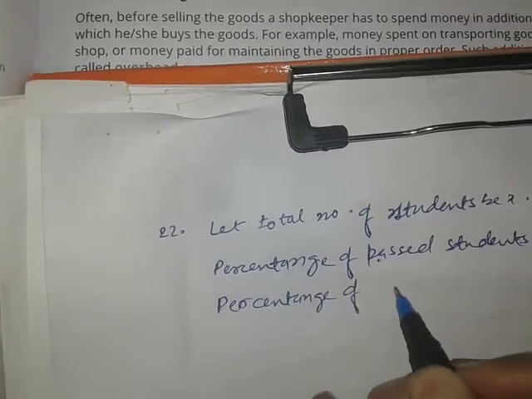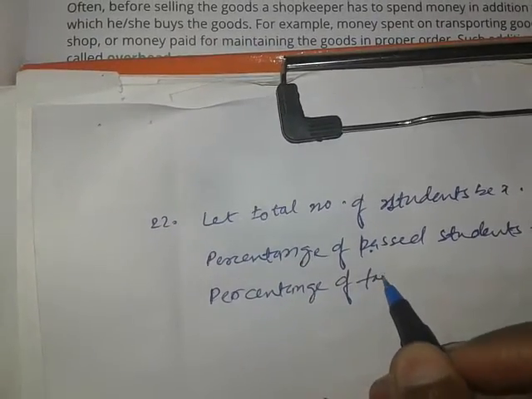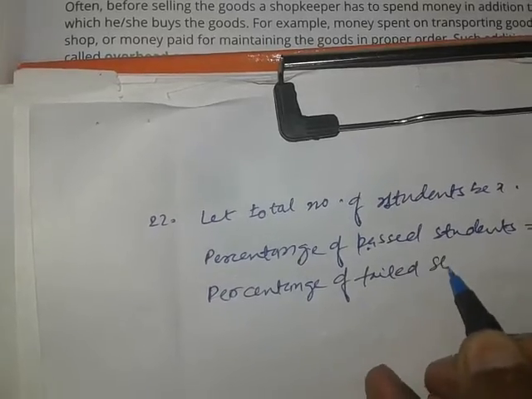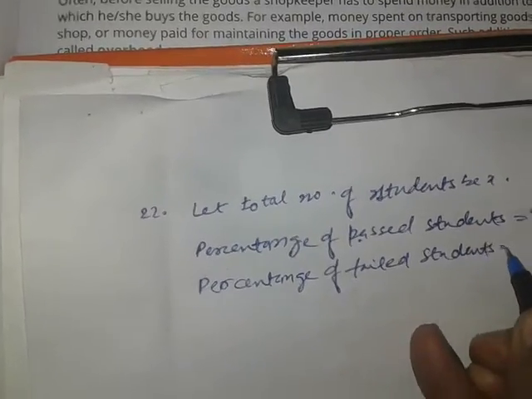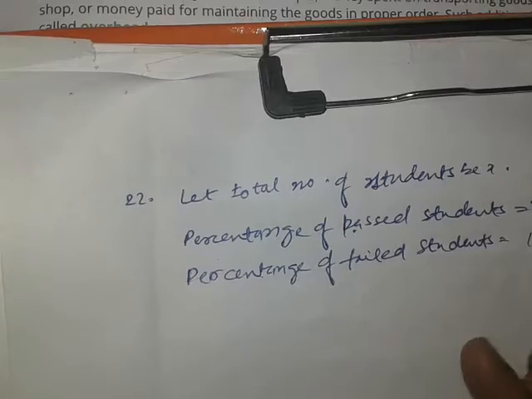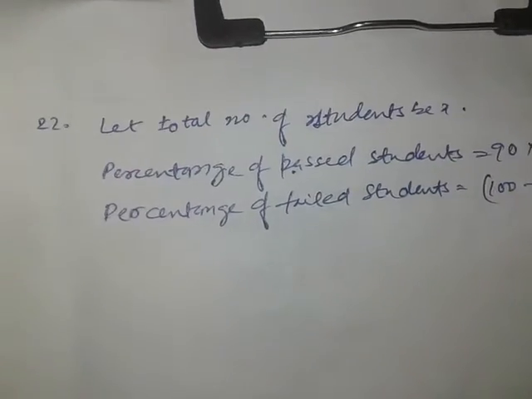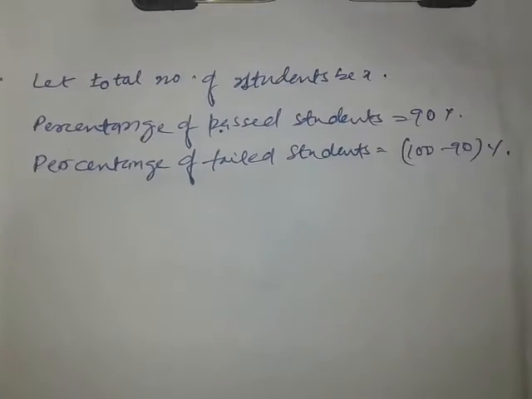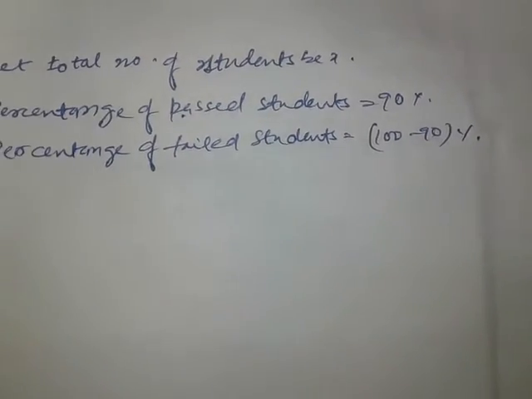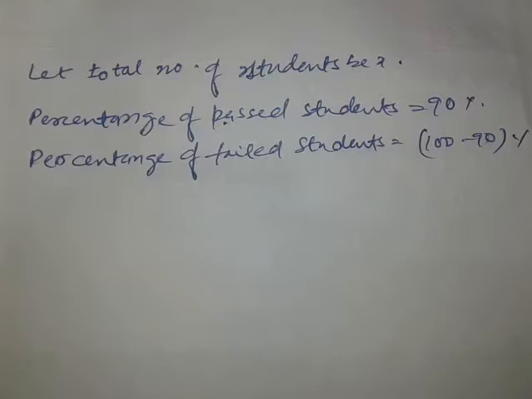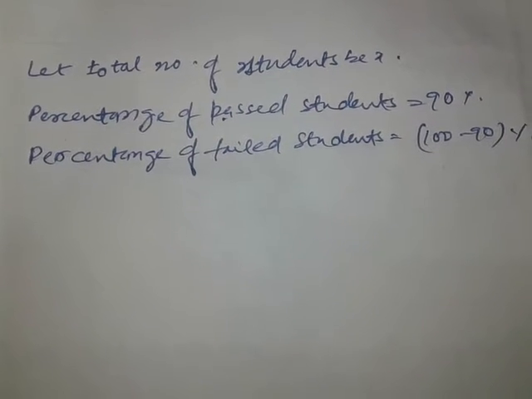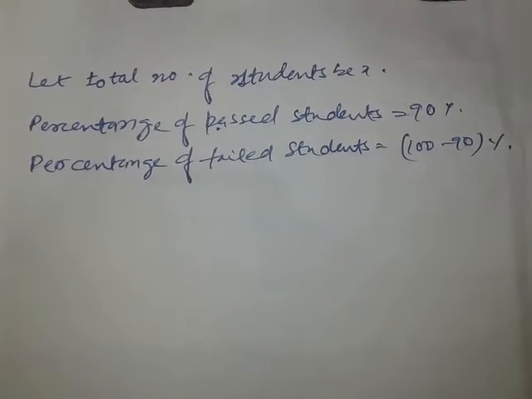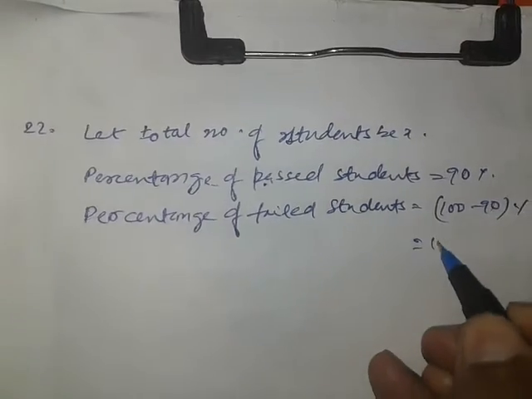The percentage of failed students is 100 minus 90. Why? Because if we consider all students, pass and fail together, it becomes 100. All students means 100%, and in a result one student may pass or fail. So if 90% passed, then fail is 100 minus 90, that is 10%.